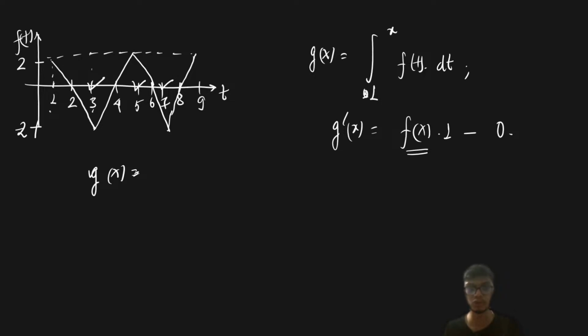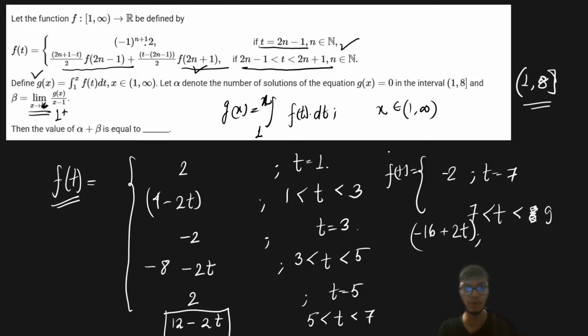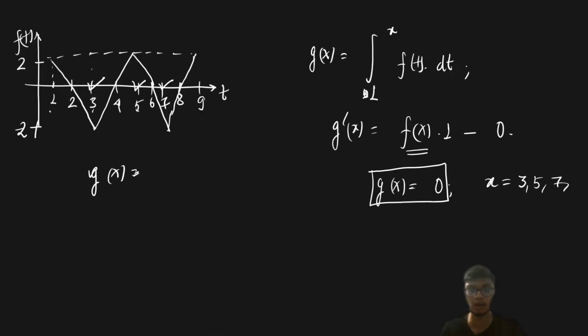What you can try to analyze again is the expression of g of x for the integral values 3, 5 and 7. This is basically equal to 0. So at x equal to 3, 5 and 7, g of x is equal to 0. So therefore I just need to look out for which g of x equal to 0, how many roots.